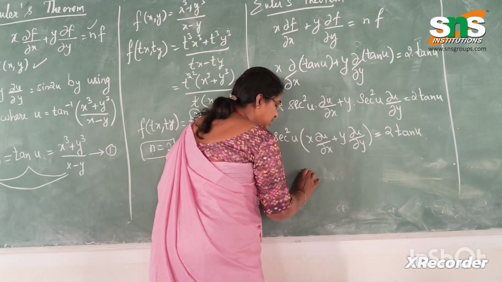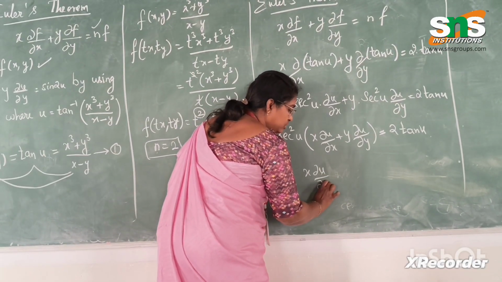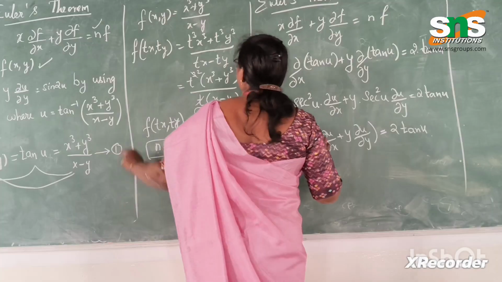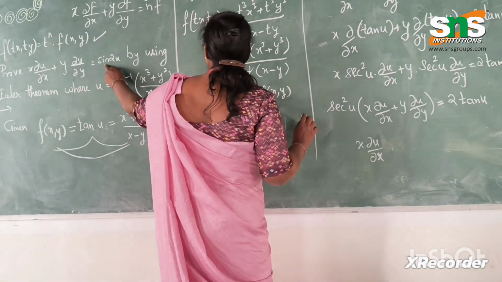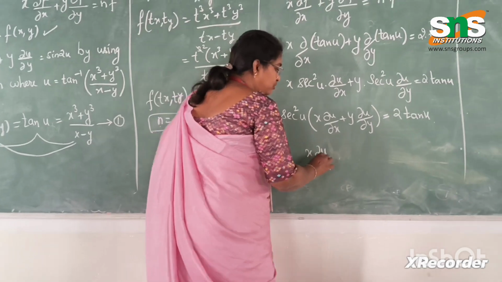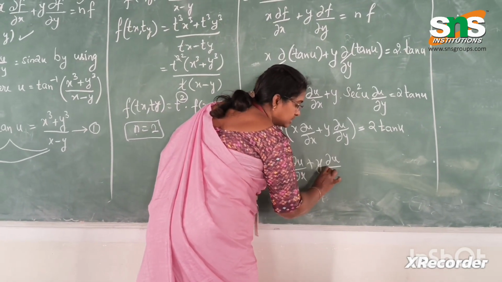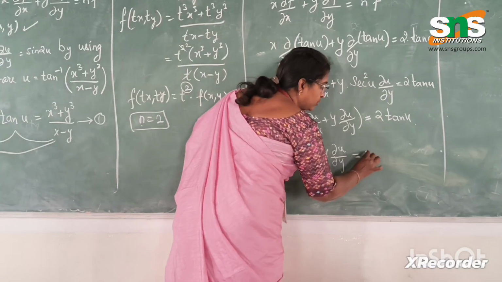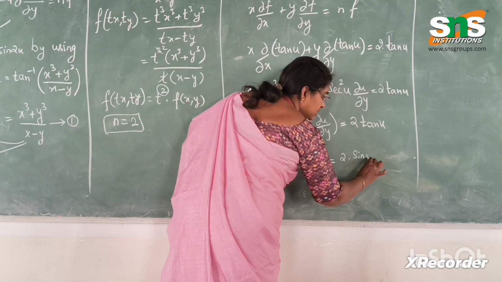Next, keep this alone on the left hand side because we need only these term values. This is the conclusion we want to get. The right side should be sin 2u. The remaining we keep as it is: x ∂u/∂x plus y ∂u/∂y equals 2 into tan, which we can write as sin by cos.